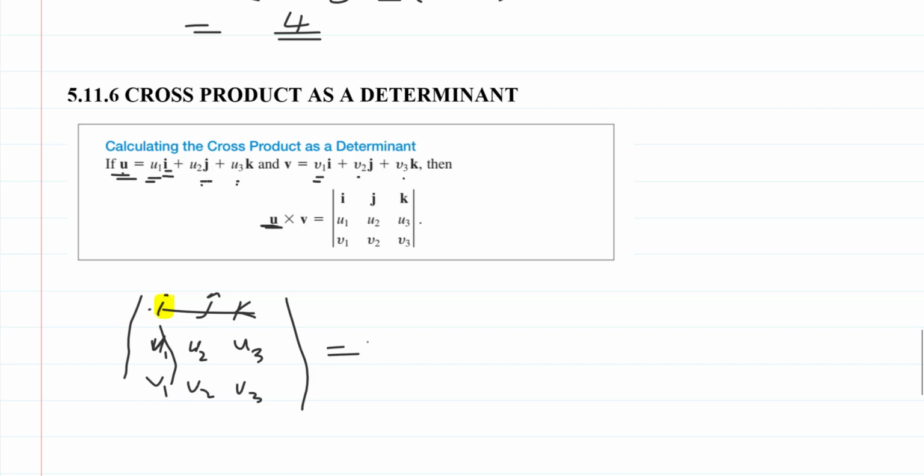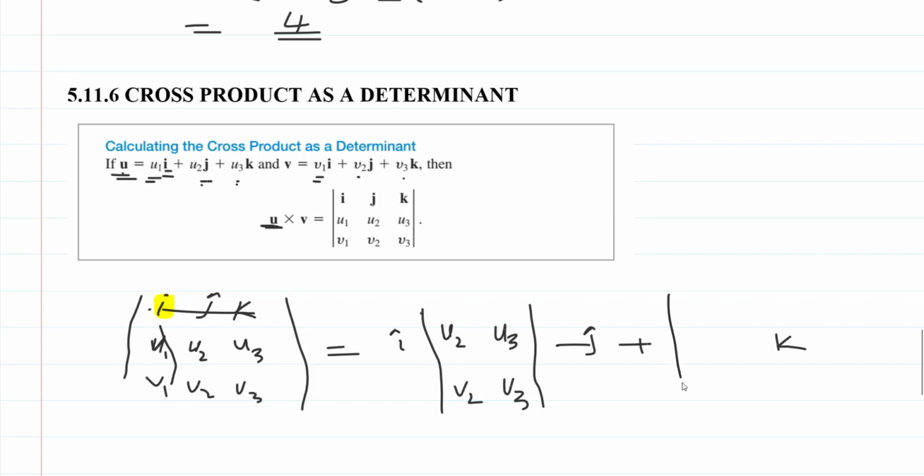Remember the i will be plus, then j, and k, so it's plus, minus, plus. The first one we put here is u1, so we cancel that, and we have u2, u3, v2, v3. The same thing, we have a plus here, and of course just bring the k here.